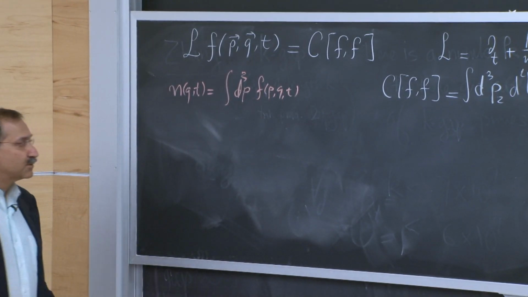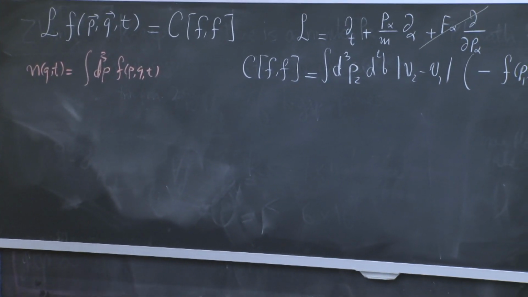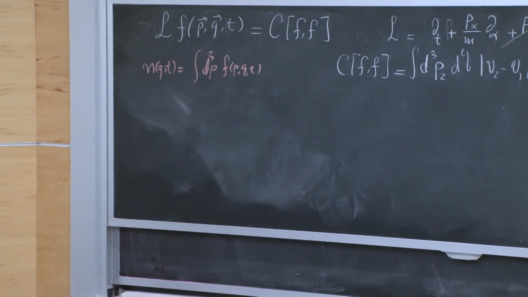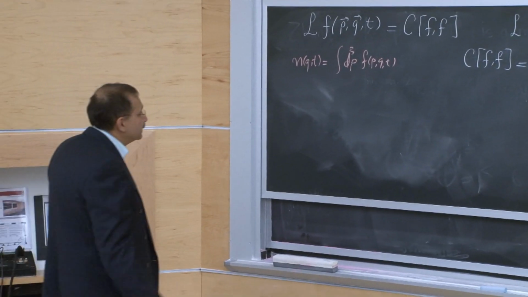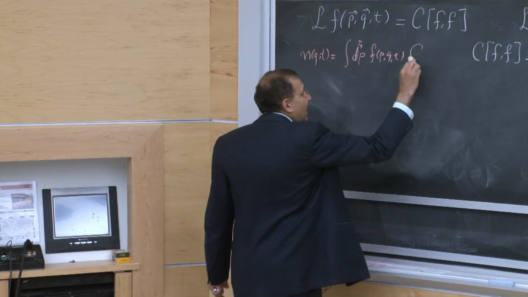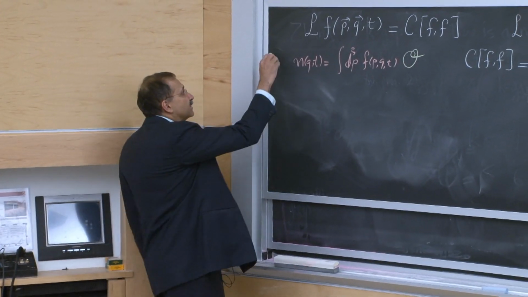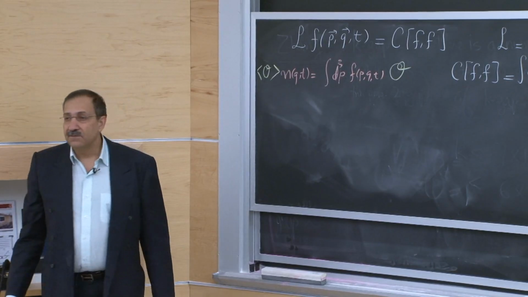So again, I don't really need too much about the dependence on momentum, but I really am interested in how things vary from position to position. Once we had defined density, we could define various averages where we would multiply this integral by some function of p and q, and the average was defined in this fashion.